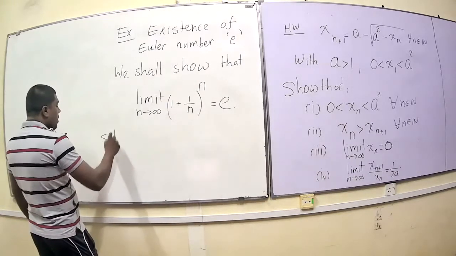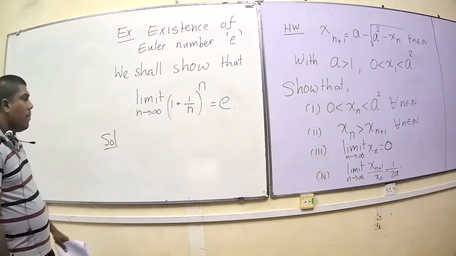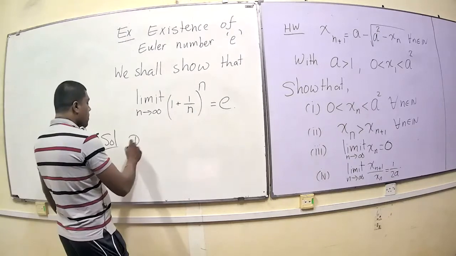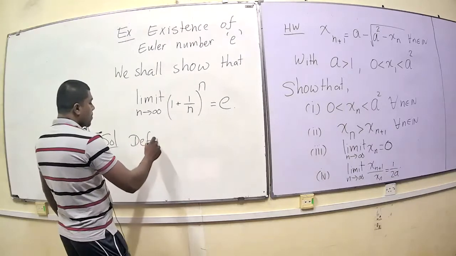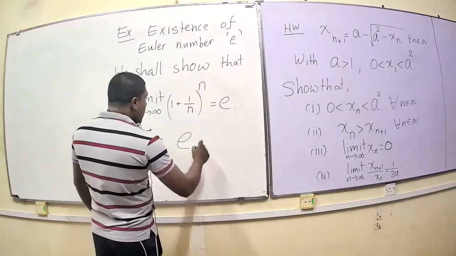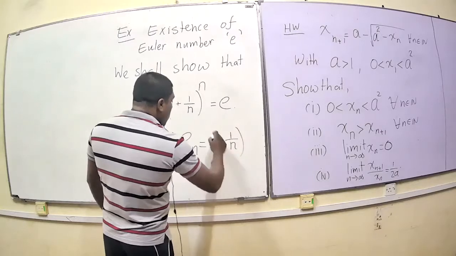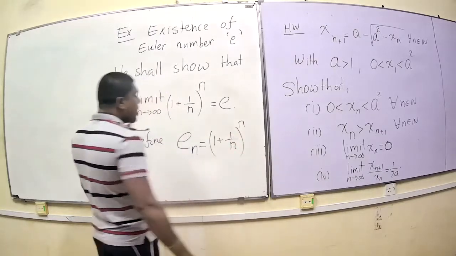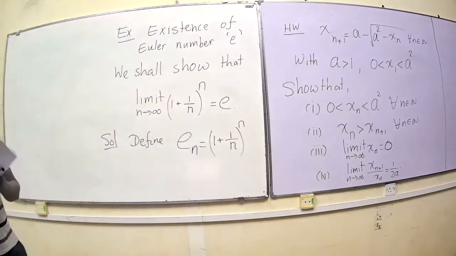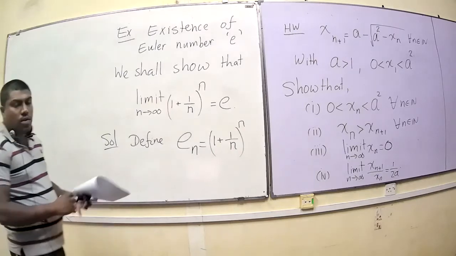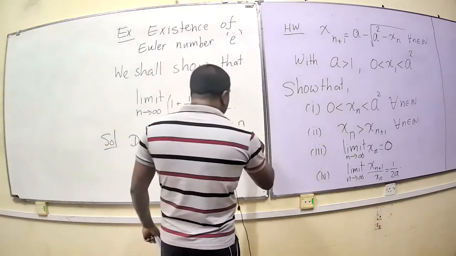So, solution. What I'm going to do is define a sequence. Let En be the sequence given as 1 plus 1 over n to the power n, for all natural numbers.